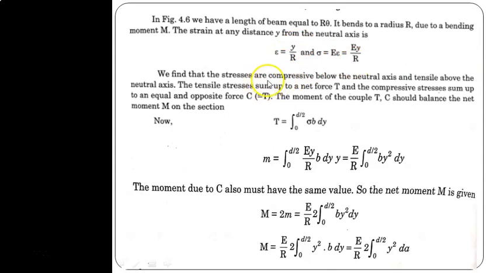We find that stresses are compressive below the neutral axis and tensile above the neutral axis. For the case of hogging bending, the tensile stresses sum up to a net force T and the compressive stresses sum up to an equal and opposite force C, equal to T.